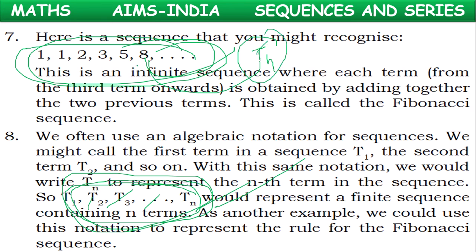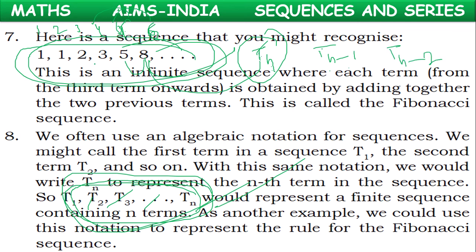The term before Tn will be the n minus 1 term. Suppose it is the sixth term: first term, second term, third term, fourth term, fifth term, sixth term. If the nth term is the sixth term, then the term before will be the fifth term. So if the sixth term is Tn, then the fifth term will be Tn minus 1, and the fourth term will be Tn minus 2.